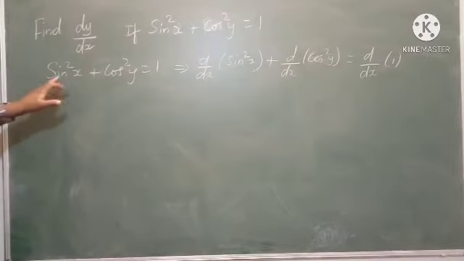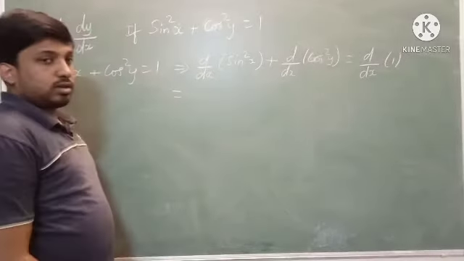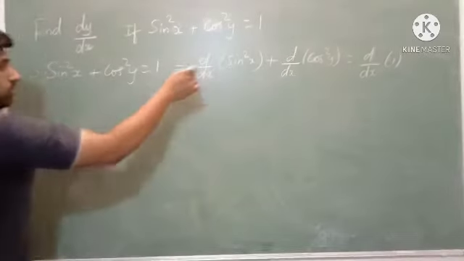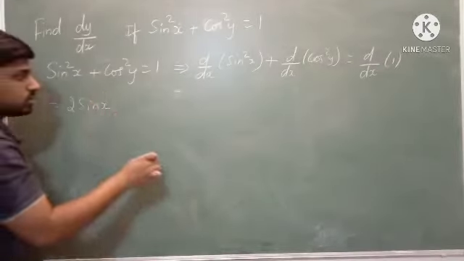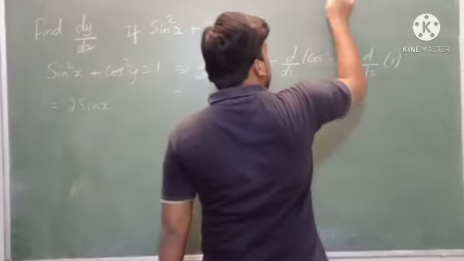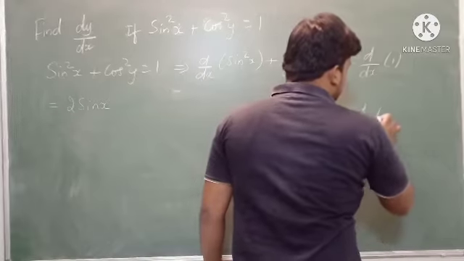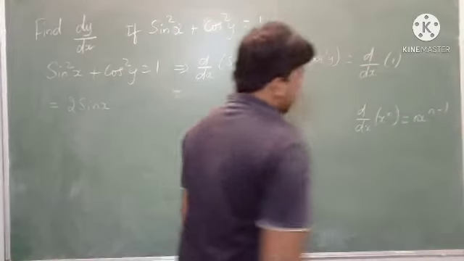So sin square separately we are differentiating. So what is the derivative of sin square x? Let me write here. We will be getting 2 sin x because d by dx of x to the power of n is equal to n x to the power of n minus 1. Right?